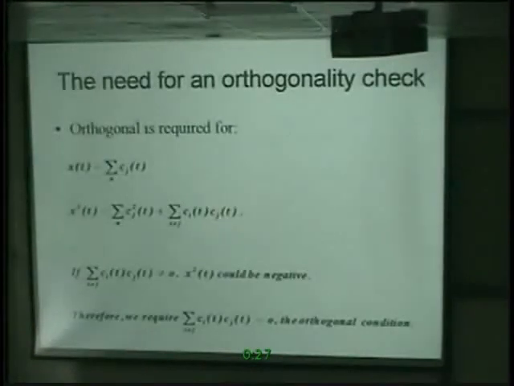Then there is a possibility that x squared becomes negative. And that's very embarrassing. That means your x becomes imaginary. No real number square should be negative. If this is grossly not orthogonal, then you have a chance of having negative energy, which means that x squared is negative.